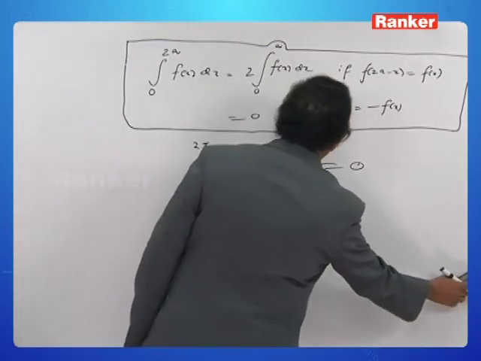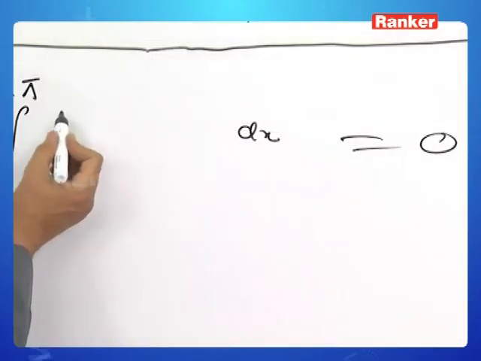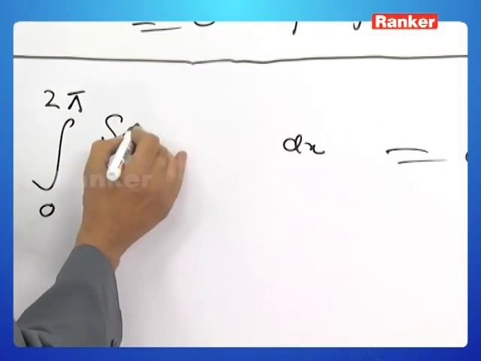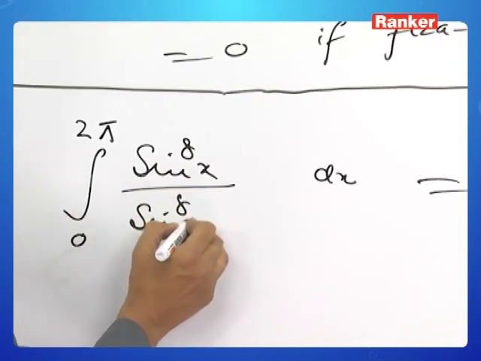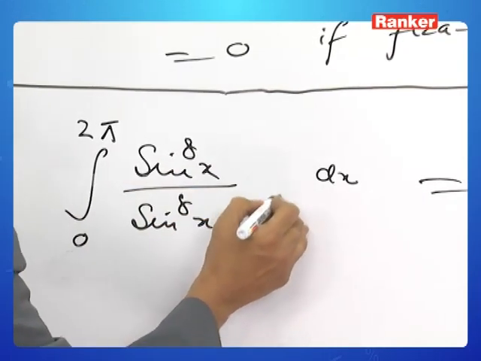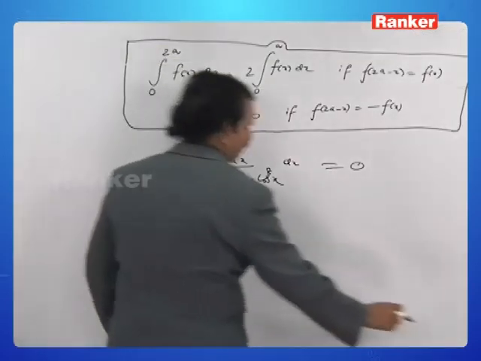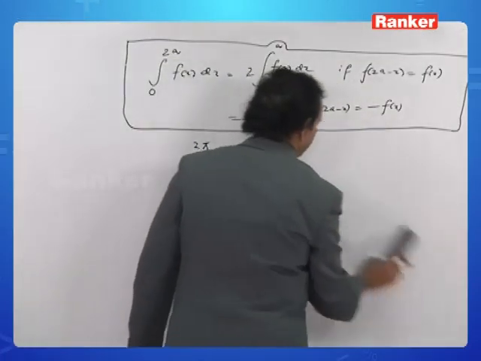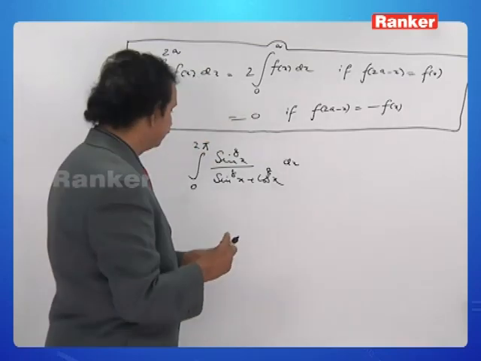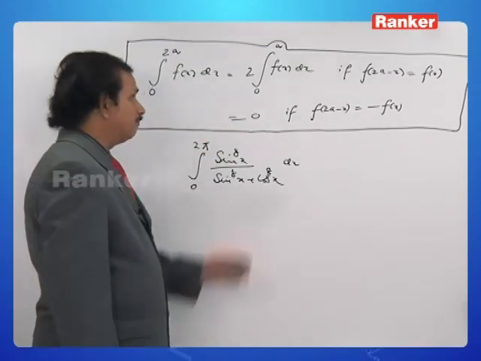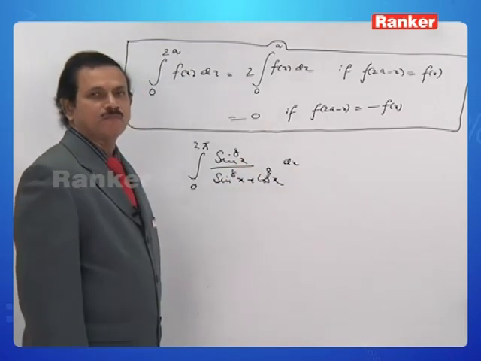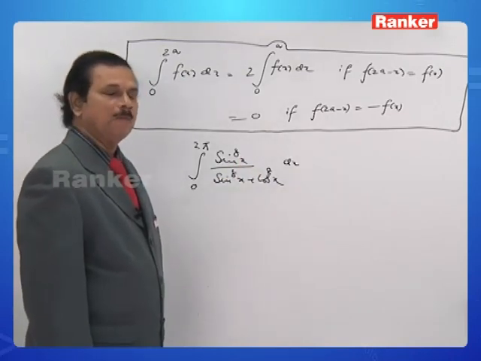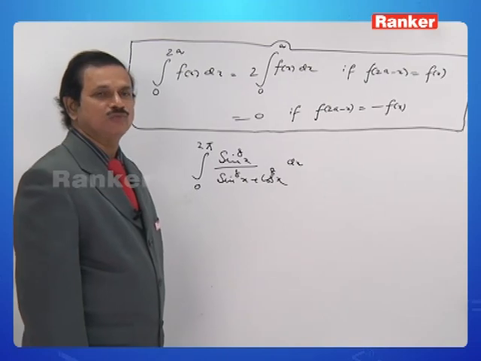Suppose you have sine power 8x by sine power 8x plus cos power 8x. Observe this problem. Come on, friend, let me apply this formula. 2 pi minus x. Sine of 2 pi minus x is minus sine x because it lies in the fourth quadrant.